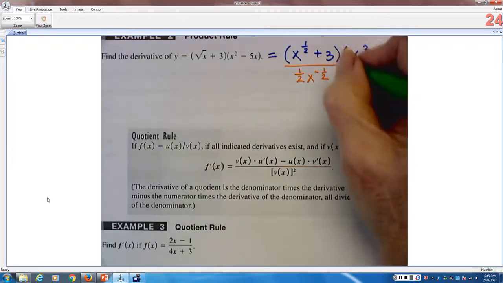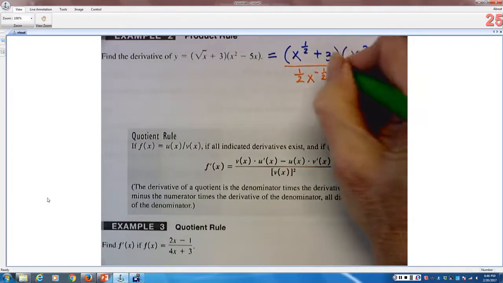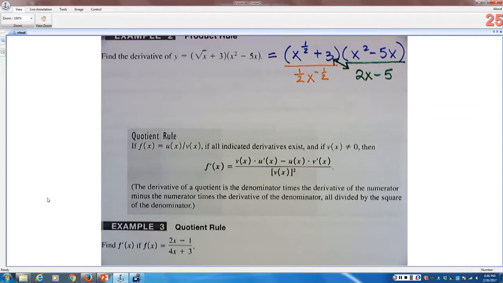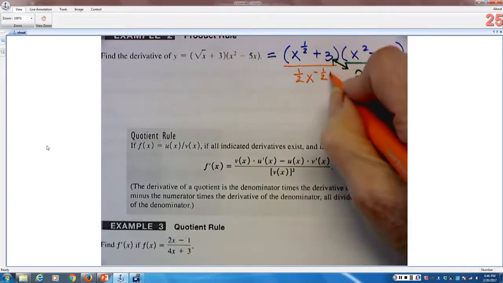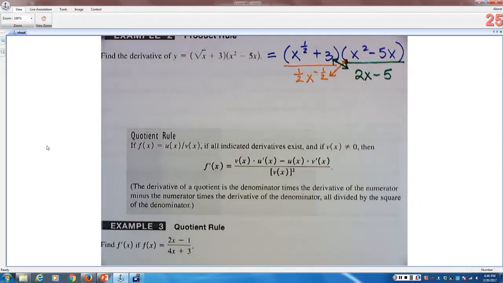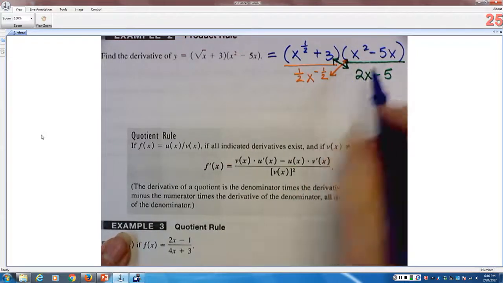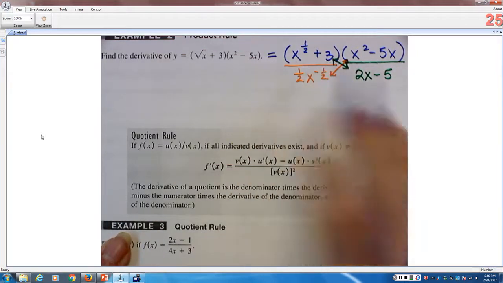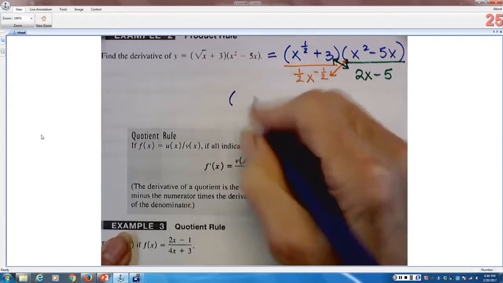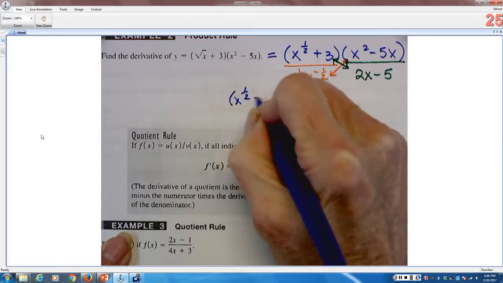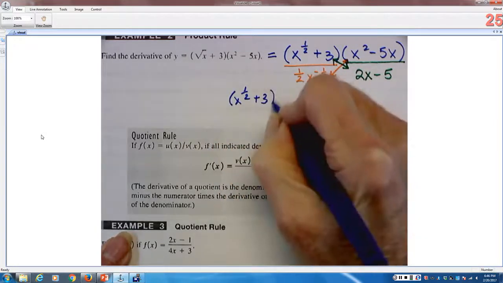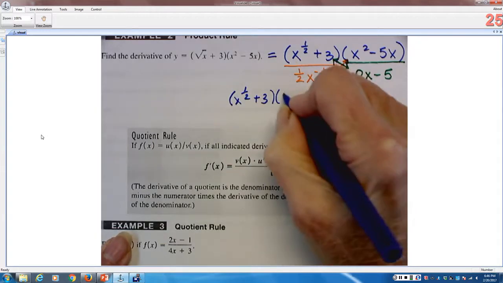And then I know what I'm going to do is multiply those two, and multiply those two. They're just trading derivatives, and I'm going to add it together when I do that. So I'm going to take x to the 1/2 plus 3, and multiply it times 2x minus 5.